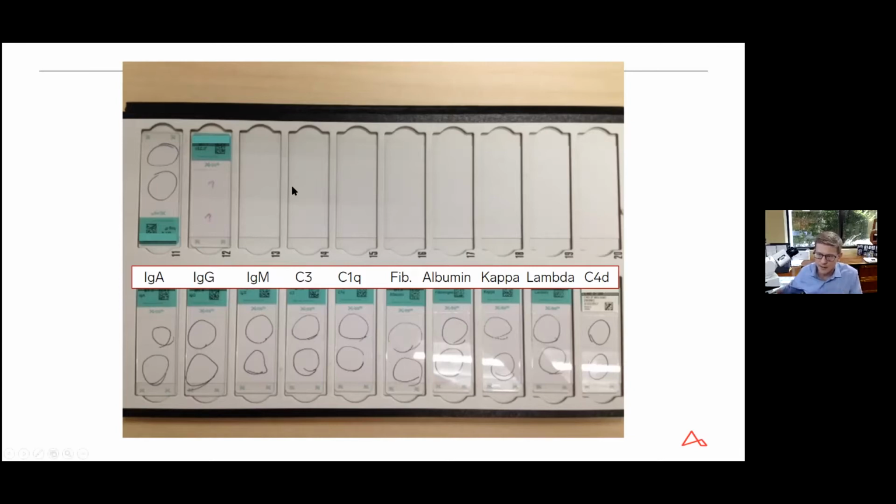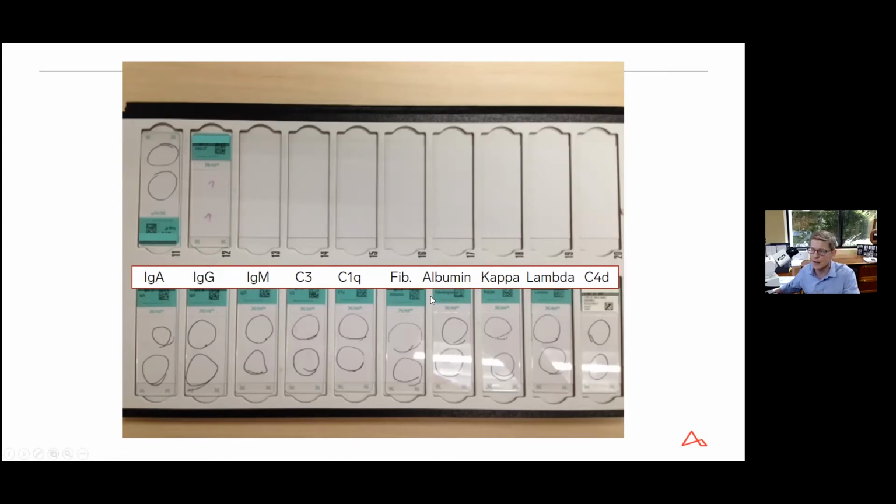The purpose of this test is to look for the presence of certain proteins, mostly inflammatory proteins that commonly cause kidney disease. We do this by staining the slides with antibodies. Denise mentioned that. These antibodies target the proteins. I've listed here IgA, IgG, IgM. These are immunoglobulins, heavy chains and immunoglobulin light chains. C3 and C1q are components of complement, as is C4d that's performed in transplant biopsies. And then fibrinogen and albumin.